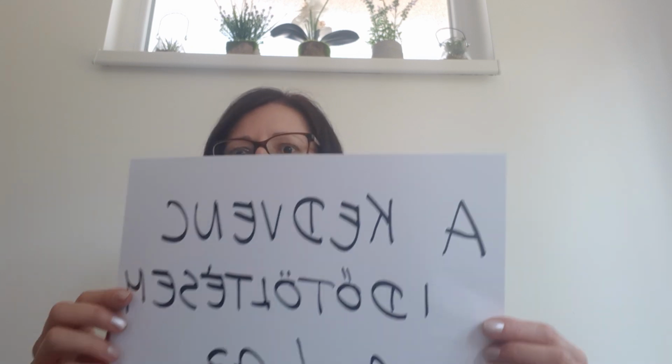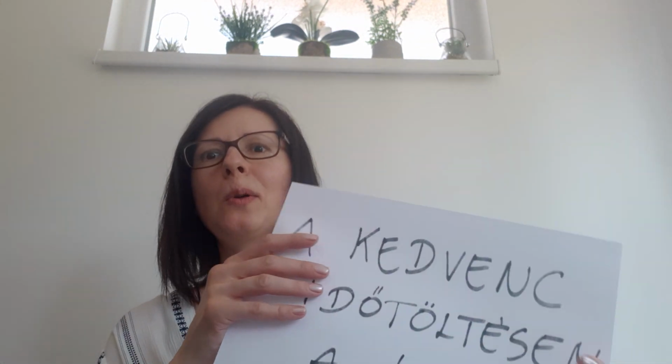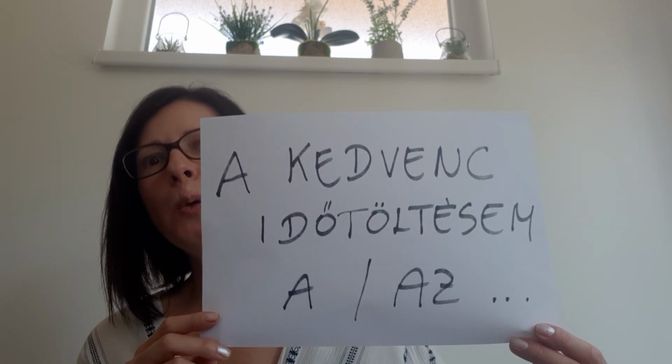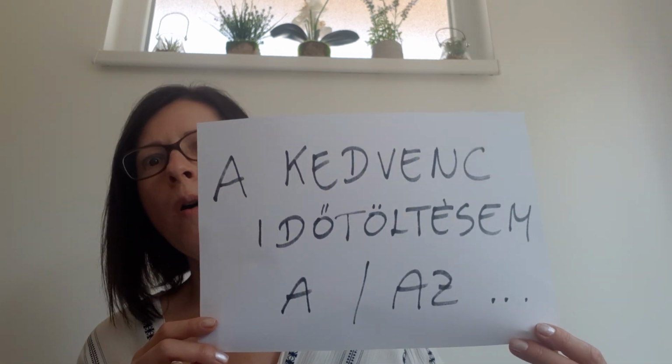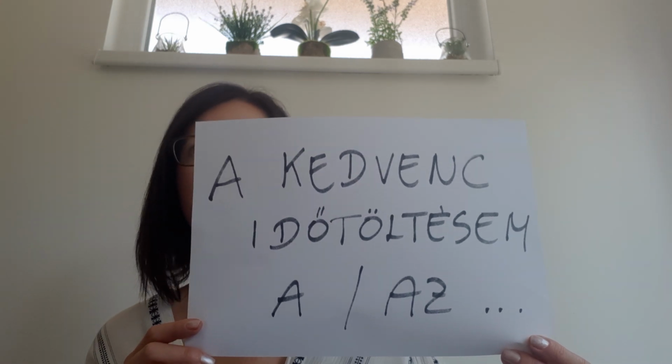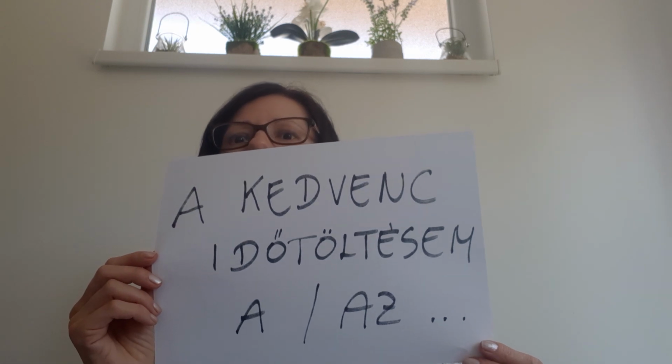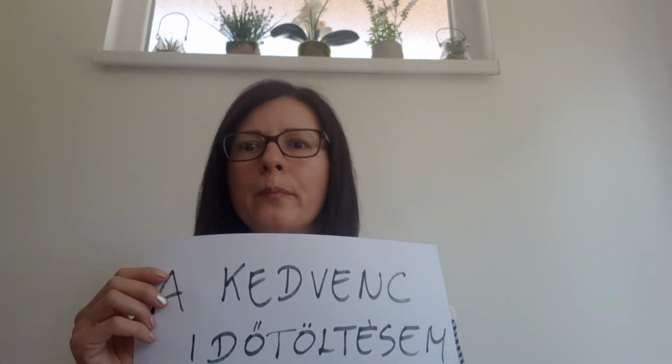Well done. Let's learn how you can say my favorite activity is. This is what you can say in Hungarian. A kedvenc időtöltésem or az.